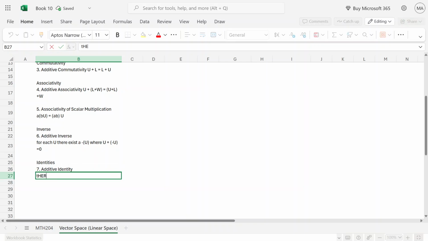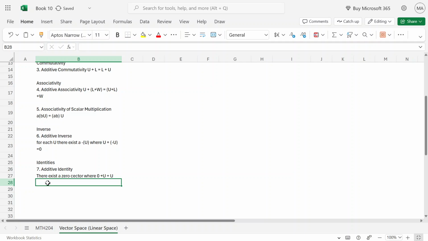So in our vector space, there exists a 0 vector where that 0 vector plus our u or any vector will still be equals to u. You can also prove that if you add 0 plus all we have shown that time, it will still be the same thing.